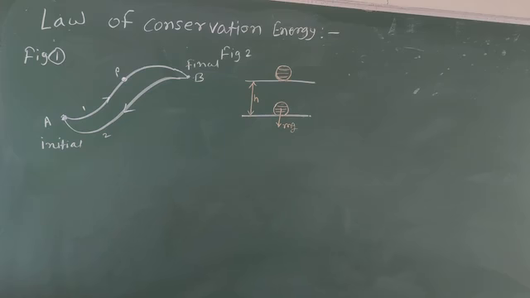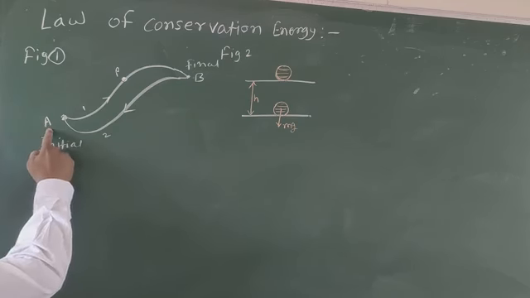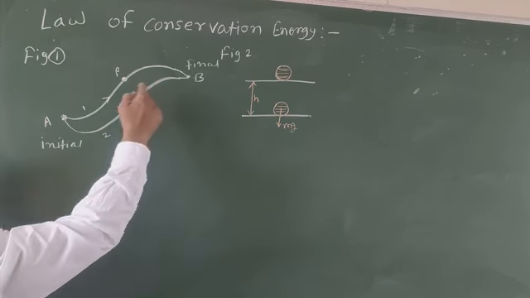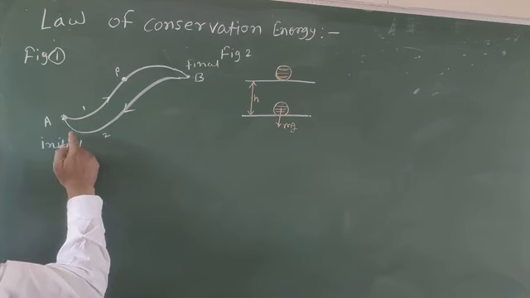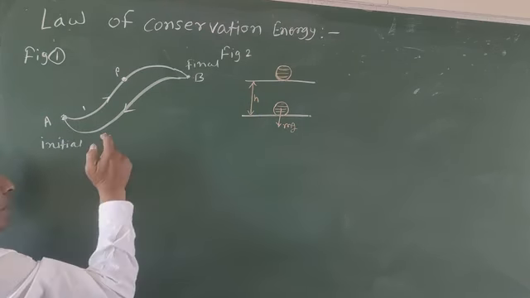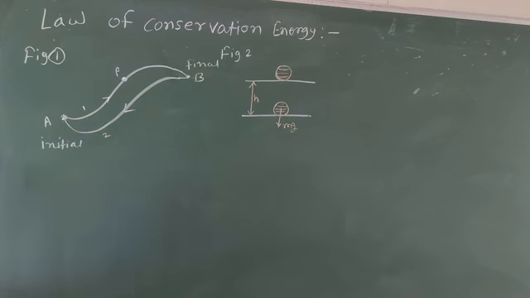That means here the total work done does not depend on the path of that motion. That body may travel from A to B along path number 1, or that body may travel from A to B along path number 2.